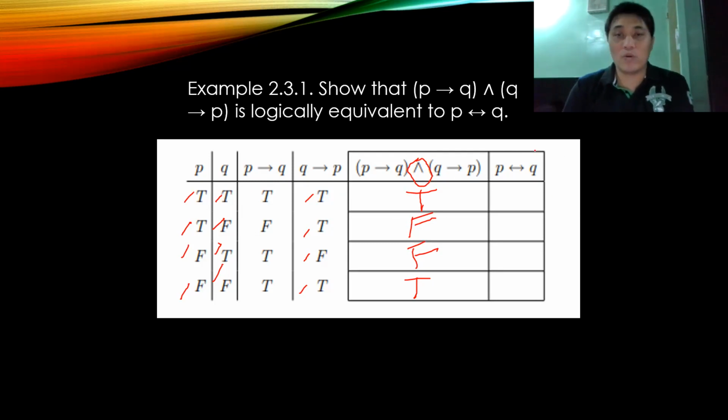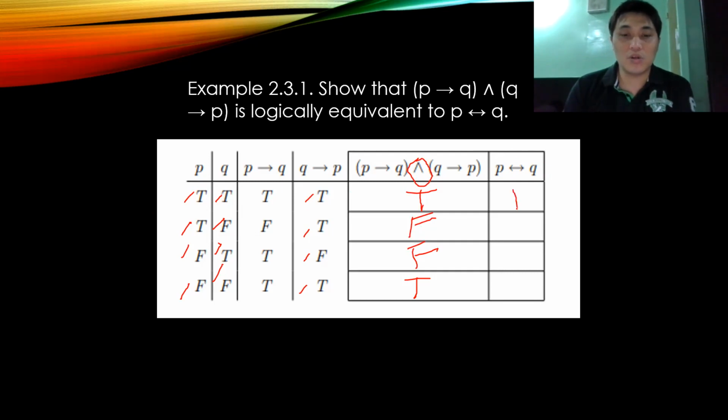So the next equation or our next problem will be P is equivalent to Q. Let us see if it is equivalent to P is equivalent to Q. So P and Q, this one is both true.